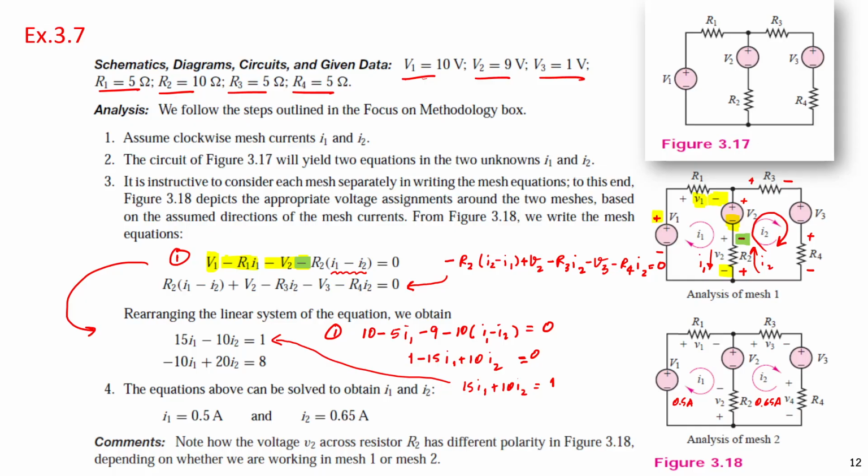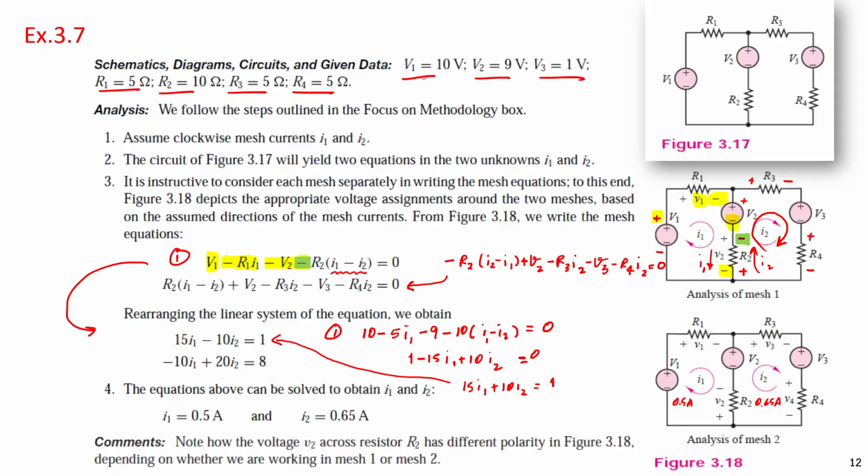So the current I1 is 0.5 through R1 and 0.65 through R3 and R4, in this direction, because we get the positive value. It means that the direction is clockwise.